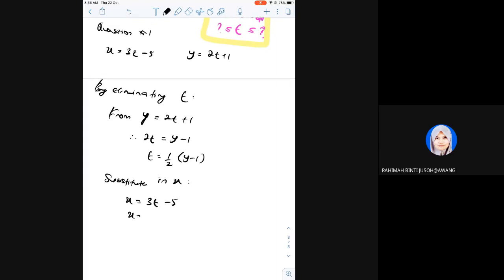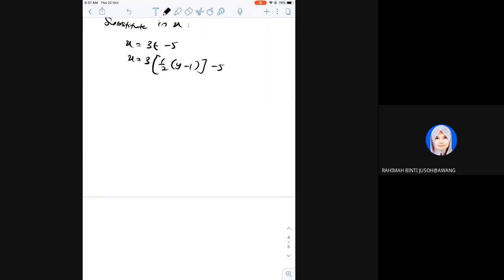Therefore, x equals to 3 times 1 over 2 (y minus 1) minus 5. Okay, so we will have equals to 3 over 2 y minus 3 over 2 minus 5. So we will have 3 over 2y, 3 over 2 minus 5. So negative 13 over 2, like this, right?